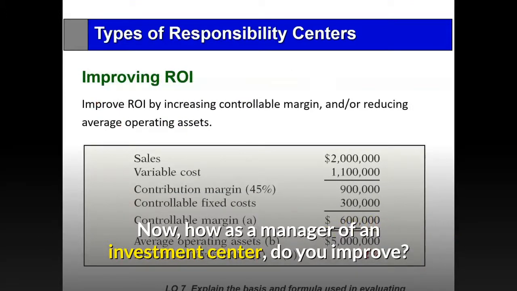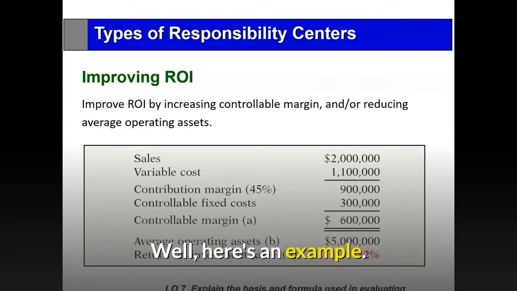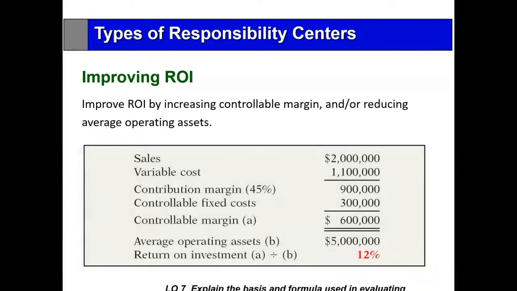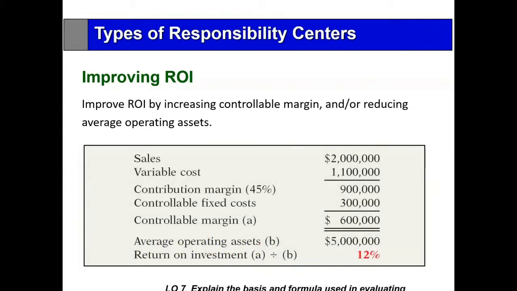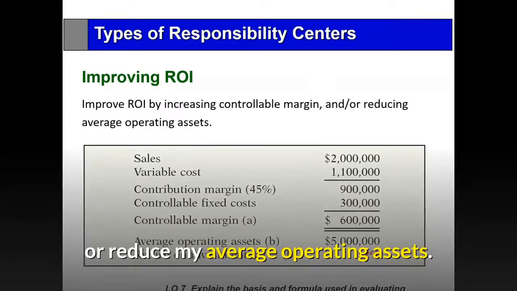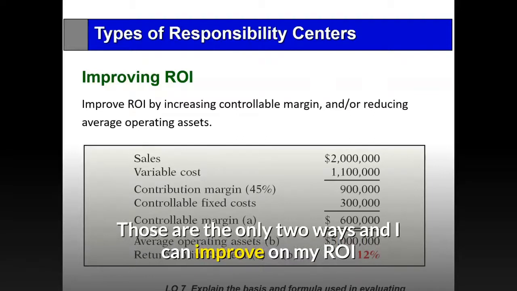Now, how, as a manager of an investment center, do you improve? Well, here's an example. You have the results, $2 million in sales, contribution margin, $900,000, controllable fixed costs, controllable margin, $600,000, operating assets, $5 million. So currently, I'm at 12%. So I can either increase my controllable margin or reduce my average operating assets.